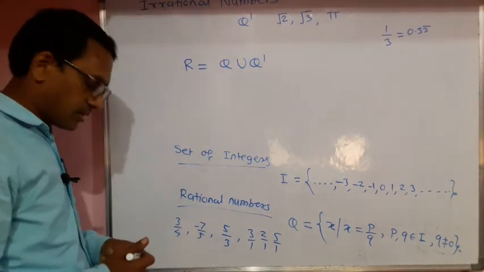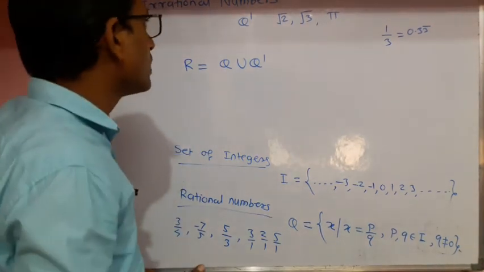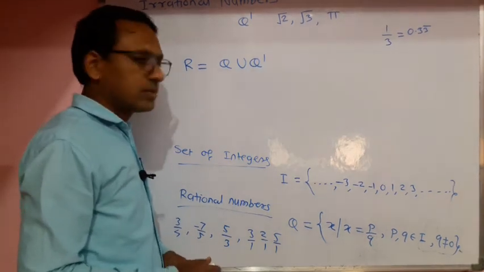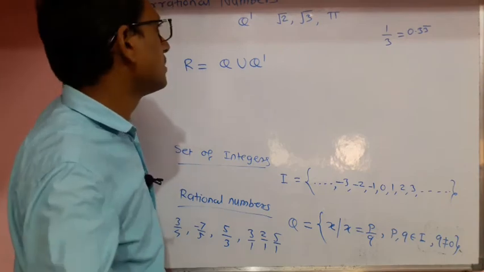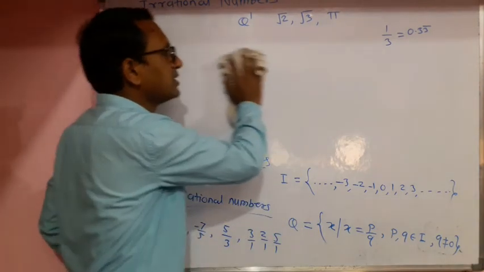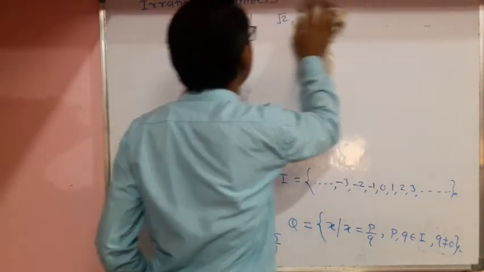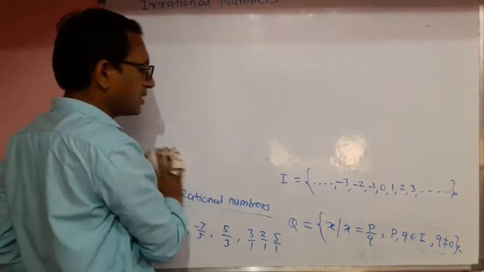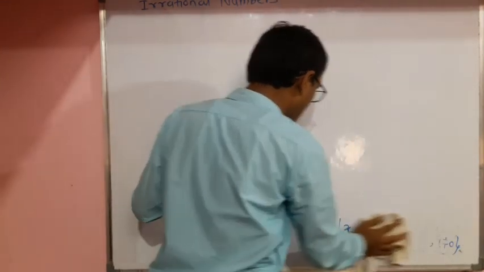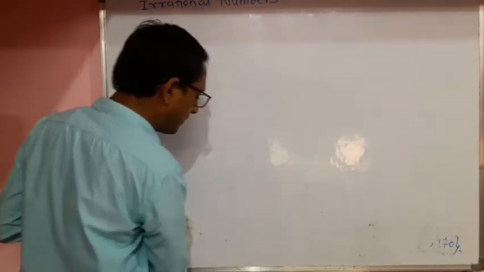Now we have to see an example of a field. But in short, we have seen already addition composition and multiplication composition, that is, on which sets addition and multiplication compositions are defined.